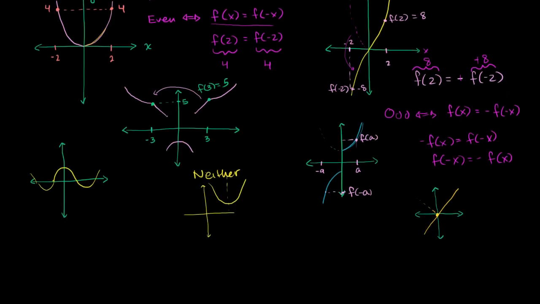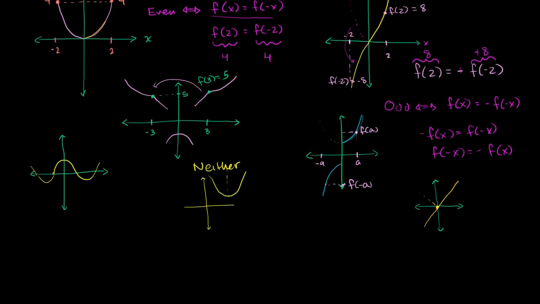Similarly, you might see a shifted cubic function. Say you have f of x is equal to x to the third plus 1. It might look something like this. Once again, you'll be tempted to call this an odd function. But because it's shifted up, it is no longer an odd function. You can look at that visually.